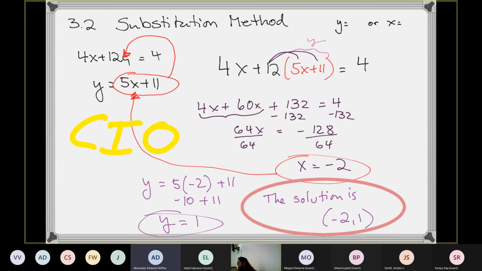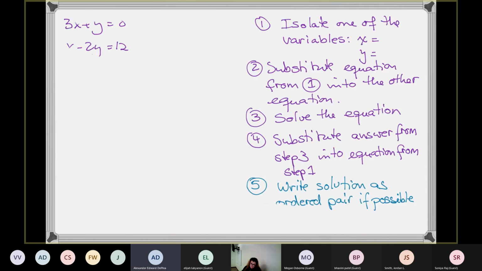Not necessarily, it doesn't matter, but we are mathematicians and we want to pick the easiest way. The easiest way is to plug the first value into the equation that says y equals or x equals, but it does not matter. So with that note, let's do this one problem and then we go home.